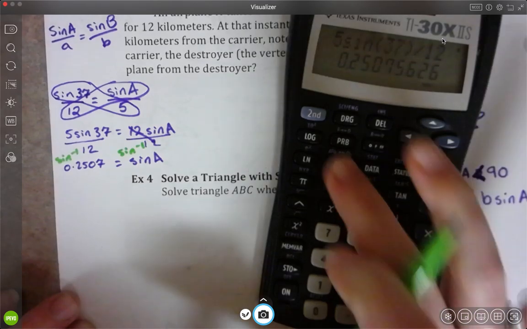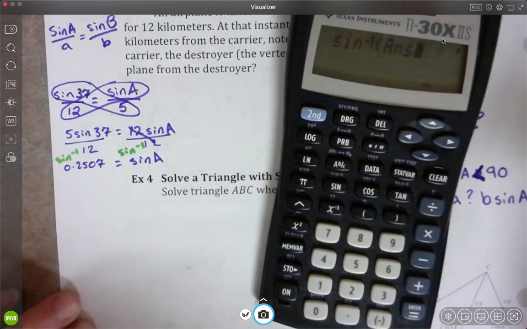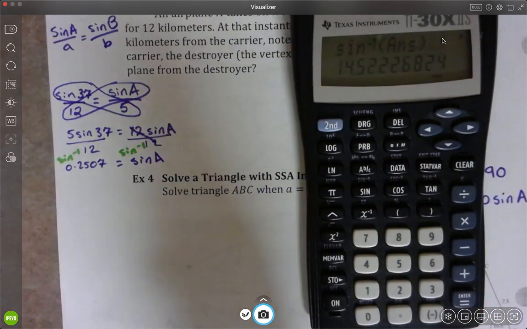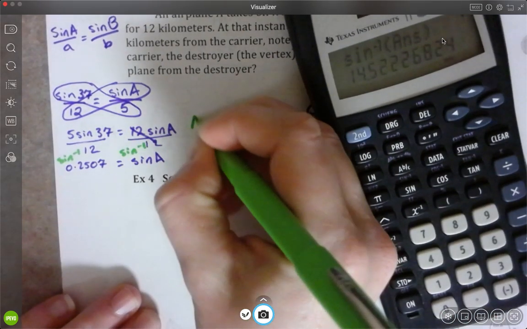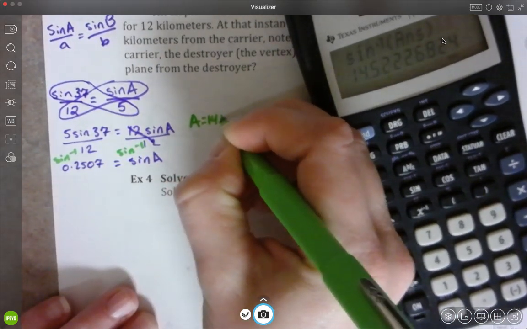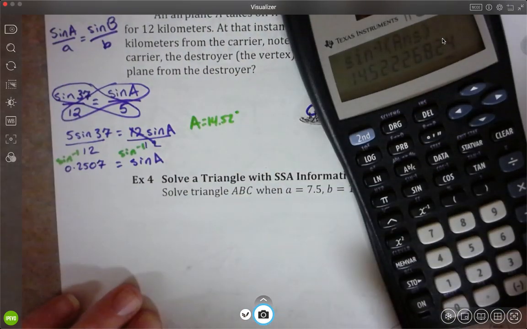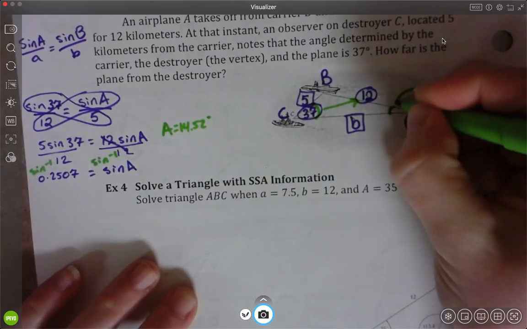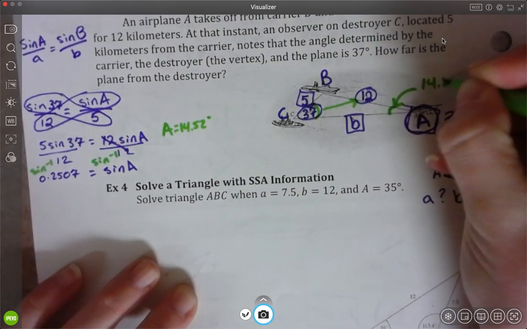And inverse sine of that answer is going to be 14.52. So A is going to be 14.52 degrees. So him right here, 14.52.